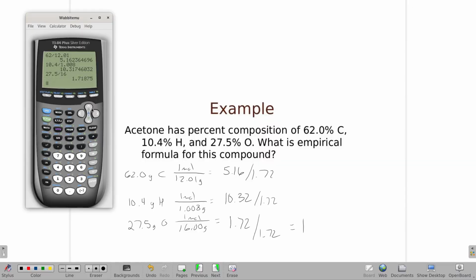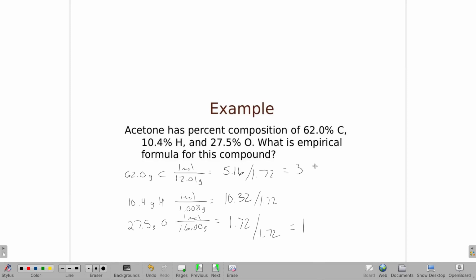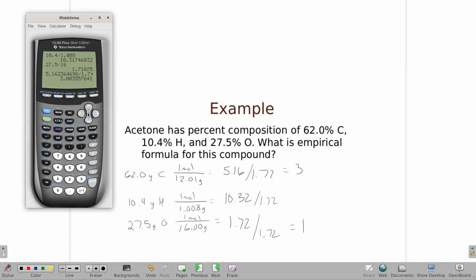But if I go up here and get that 5 and divide it by the 1, I get a nice whole number of 3.00. We are expecting these mostly to be whole numbers, so I'm going to round it off and just say it is a whole number. And then the last one I have to do, 10 divided by the 1.7 is 6.